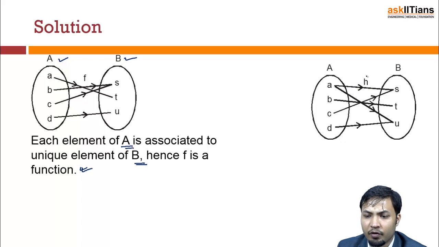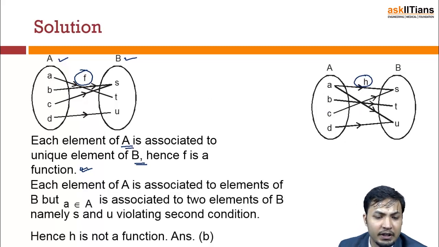From this, I gathered this piece of information for the h function; this was for the f function, this is for the h function. What does this give me? Each element of A is associated to elements of B, but A is associated to two elements of B, namely S and U, violating the second condition. Therefore, H is not a function.